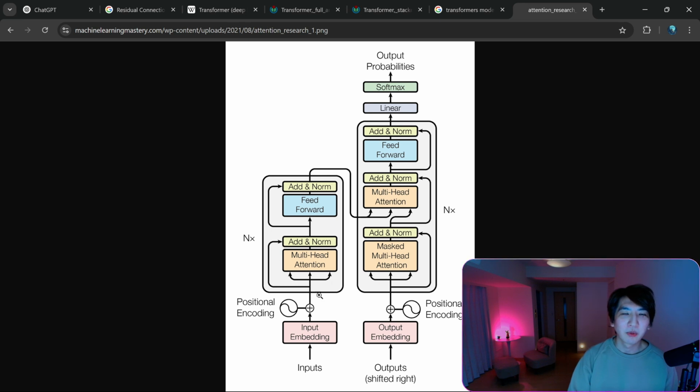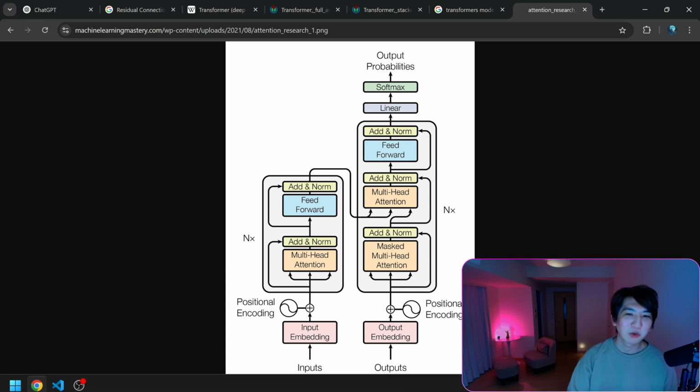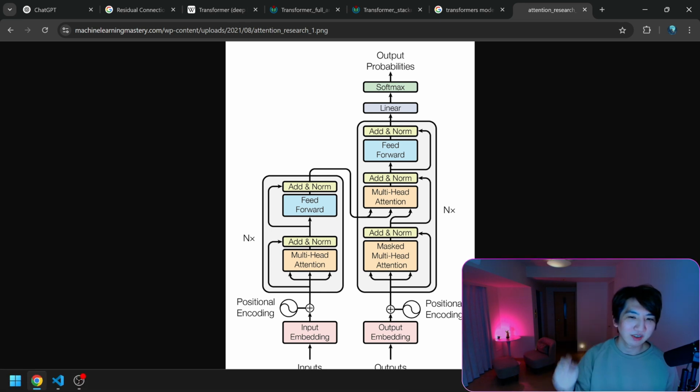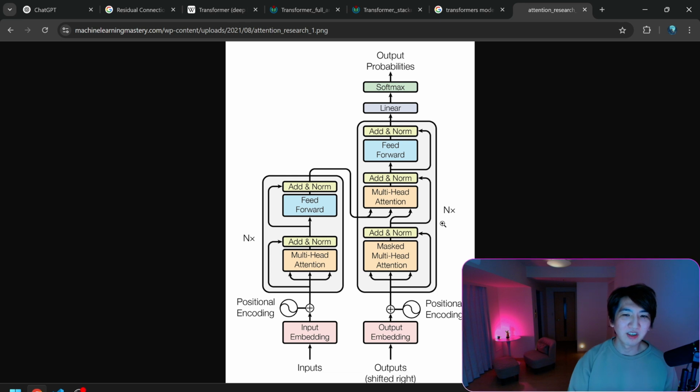They've got both encoder and decoder, but there are also encoder-only and decoder-only models. For encoder-only models, the famous models are called BERT or RoBERTa, and decoder-only models are famously known as GPT, the one used for ChatGPT.